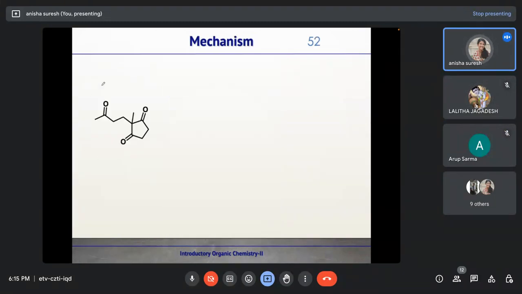So we are having this compound in hand. So we are having H plus medium. So acid catalyzed aldol condensation will be taking place. So this enol will be forming. This will be protonated.